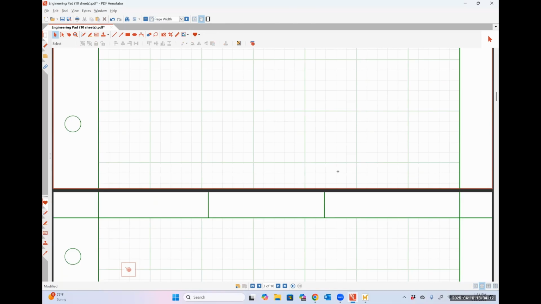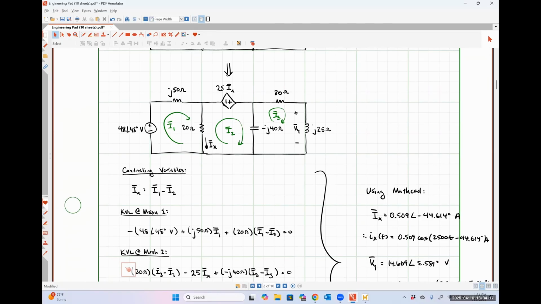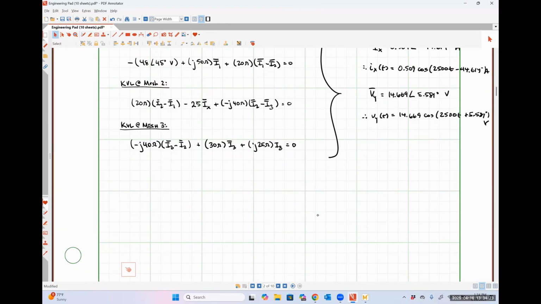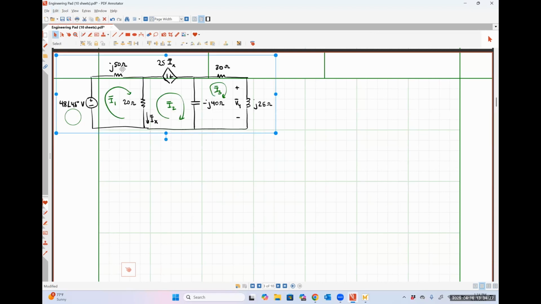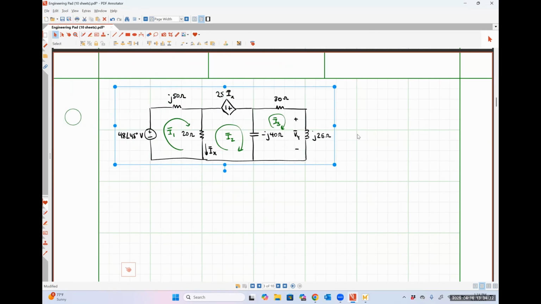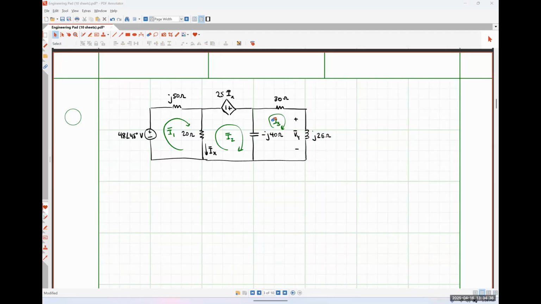Go up here. Retake a picture of this. Put it back to where I want it. Get rid of my mesh currents, and now we'll take a stab at node.